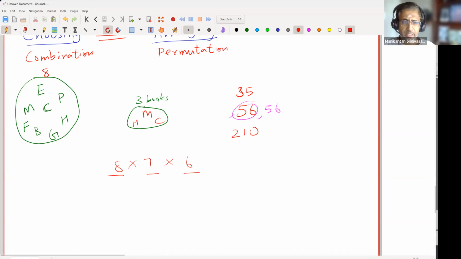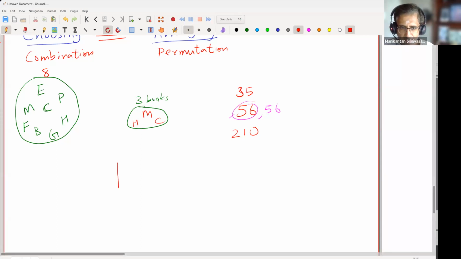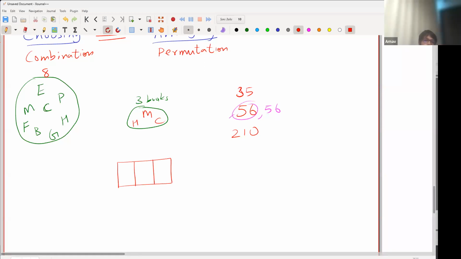Suppose my bag actually had partitions like this, right? The 3 books. Then it would be 336, whatever, 8 into 7 into 6 without dividing by 6.